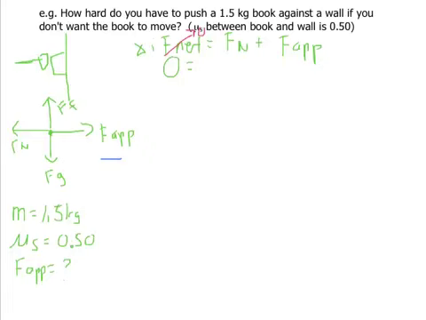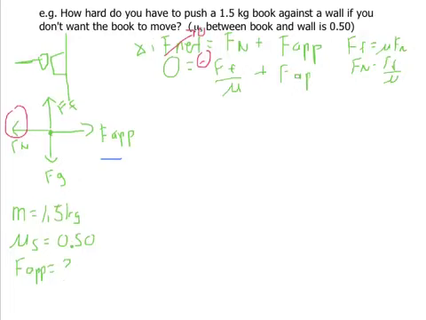We can actually substitute Fn with Ff divided by mu, because if you remember, the force of friction is mu Fn, and if we rearrange for Fn, it equals Ff divided by mu. So we can substitute Ff divided by mu for Fn, but now we're substituting, so we check for signs, and because Fn is acting to the left, this should actually be negative, plus F applied.